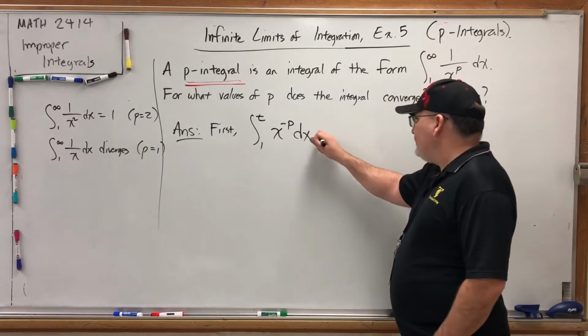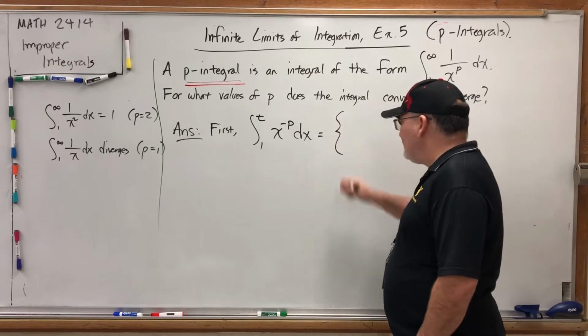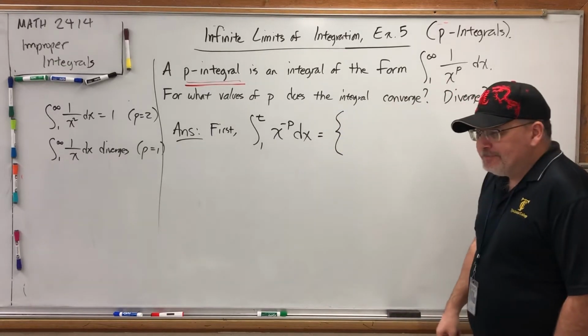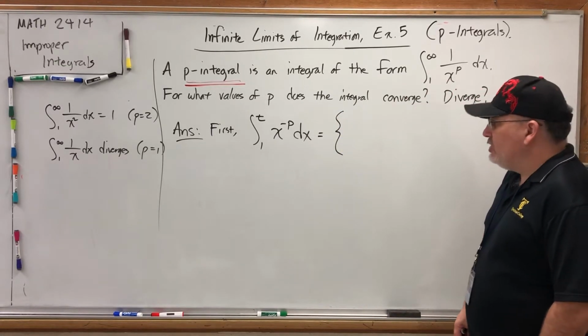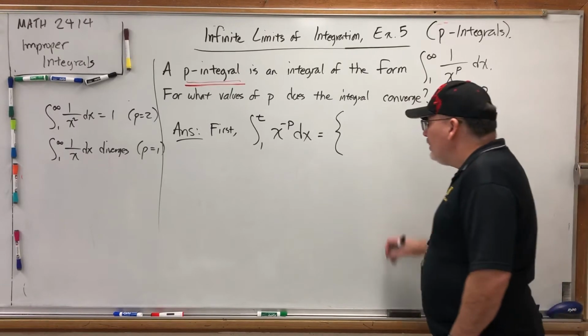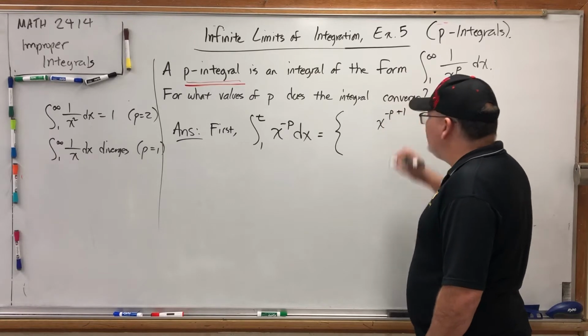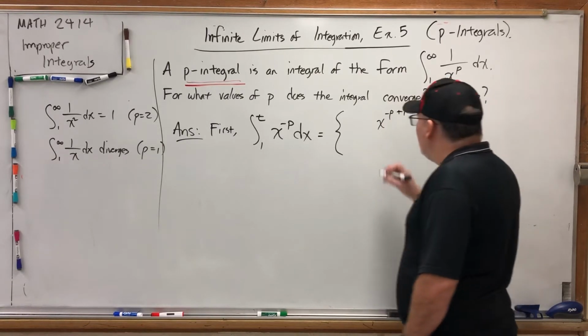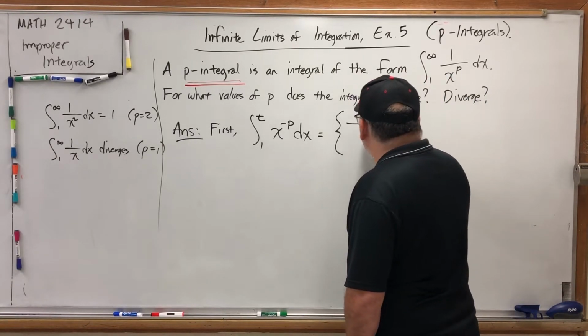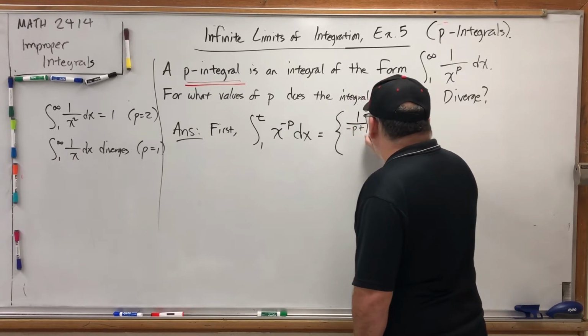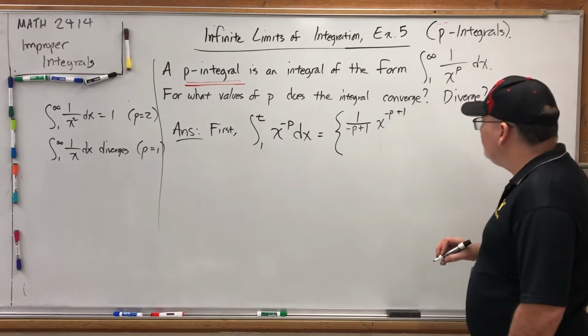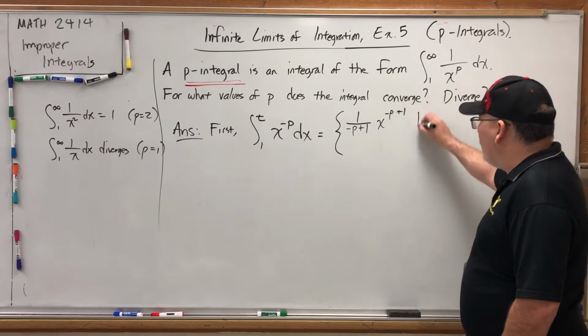And how would you do that? Well, how you do it actually depends upon what the power is. Most of the time, you take the power, add 1 to it, so we get negative p plus 1, and then multiply by the reciprocal of that, so 1 over negative p plus 1, and then you evaluate it from 1 to t.